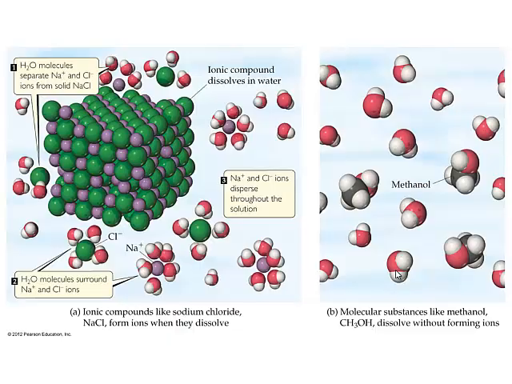On the right side, you see methanol dissolved, and you can see that the water molecules haven't attracted to any ions, that the methanol has stayed together as a whole molecule, but just by its attraction overall to the water, it mixes and spreads out.